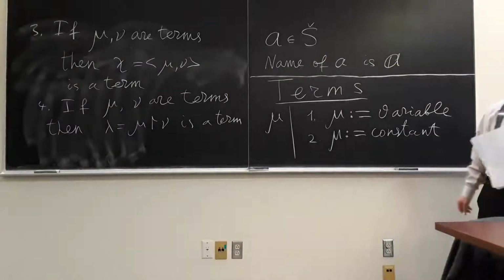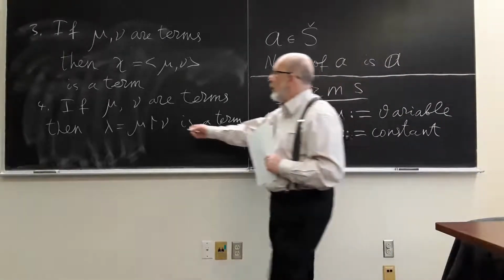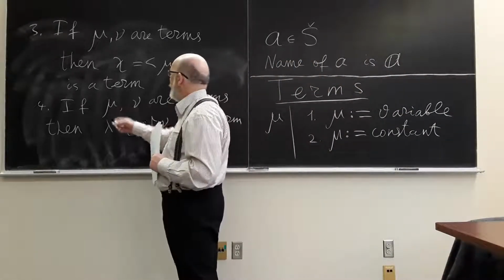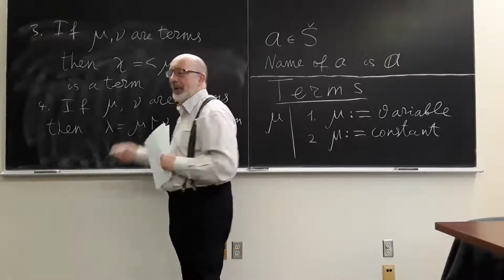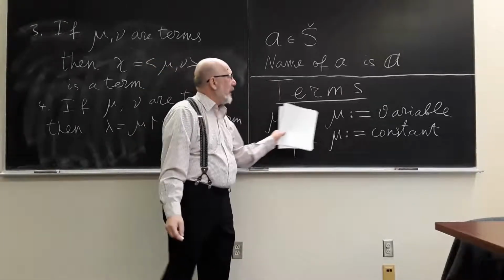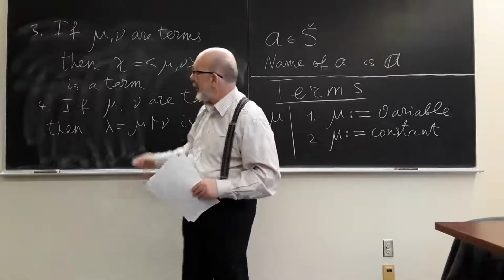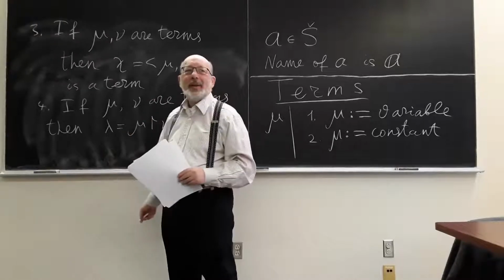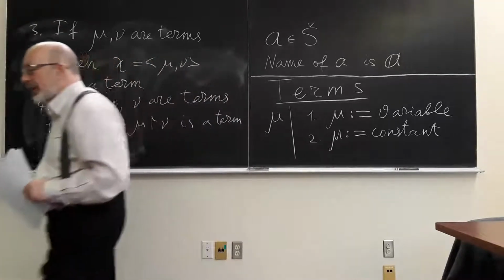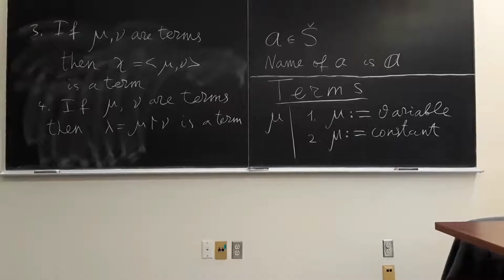So this is how we can combine terms. Now we can take these new terms, which were derived from the previously defined elementary terms, and again combine them using these operations, as long as we need. So we can have, in fact, very long terms.